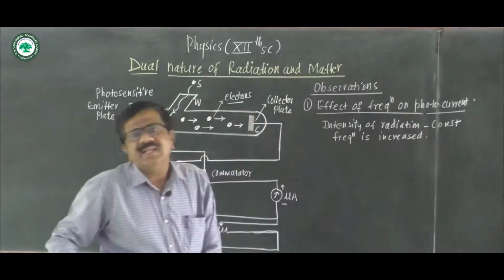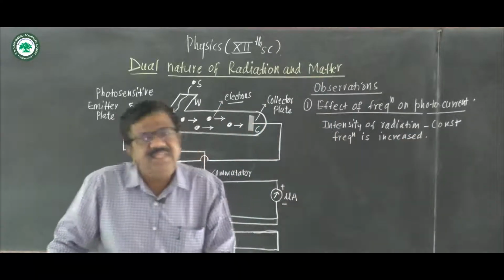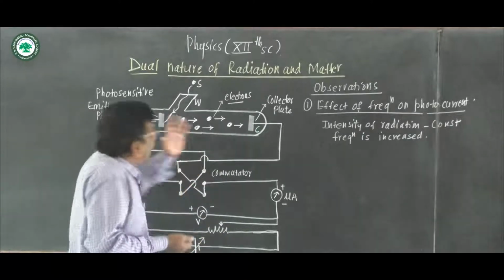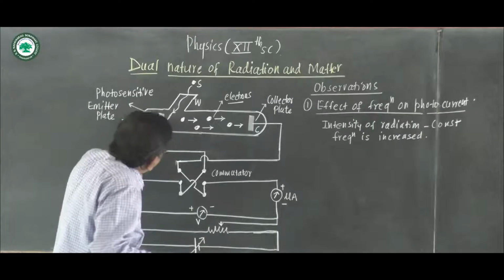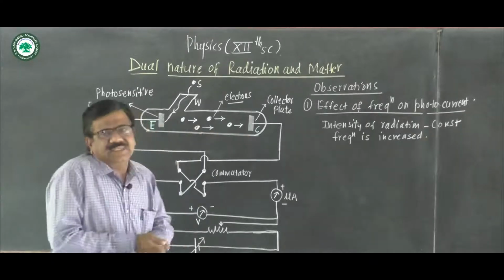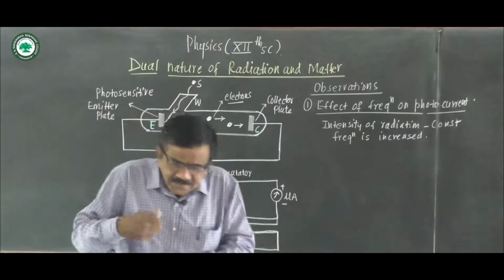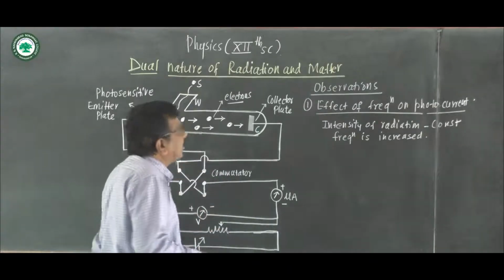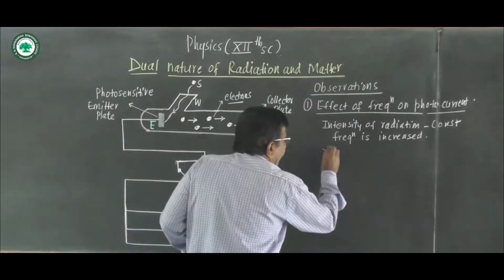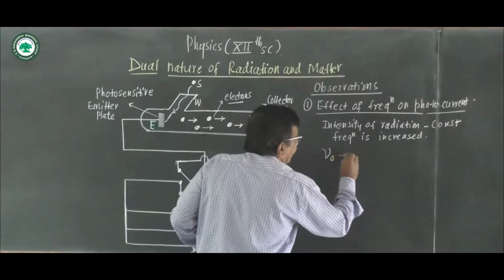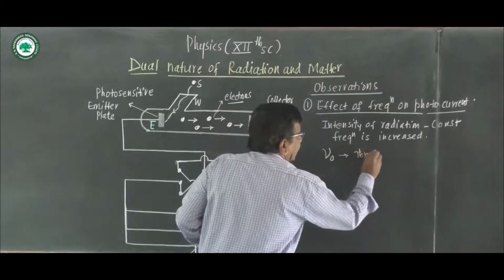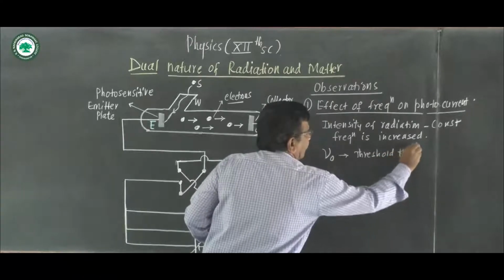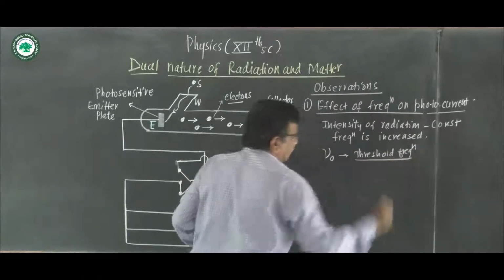One main thing here is that intensity is kept constant and frequency is increased. At a low frequency, photoelectrons are not emitted by the emitter. But as frequency is increased, at a certain frequency, the threshold frequency, photoelectrons are emitted.